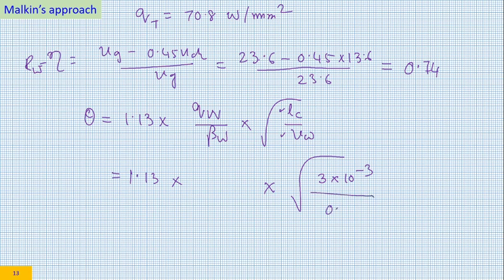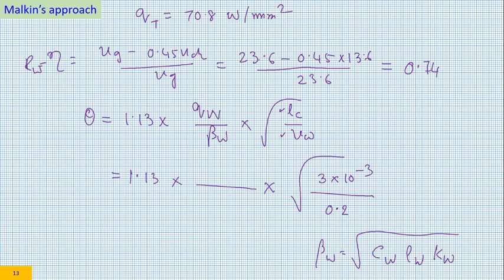This was 200 millimeter per second, so it is 0.2. Beta W we have to calculate. How much is beta W? Beta W is square root of CW into rho W into KW. Your CW was 500, rho W was 7800 and KW was 50.